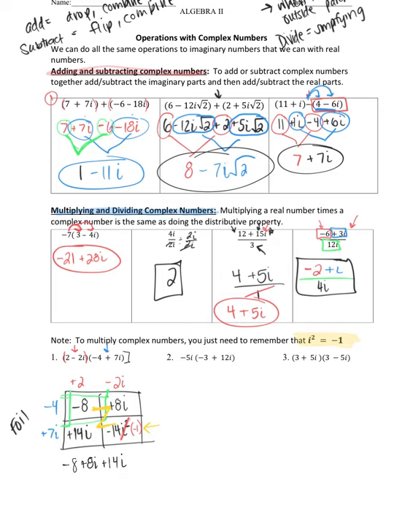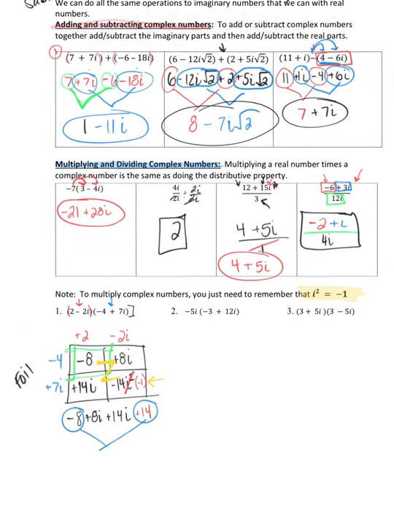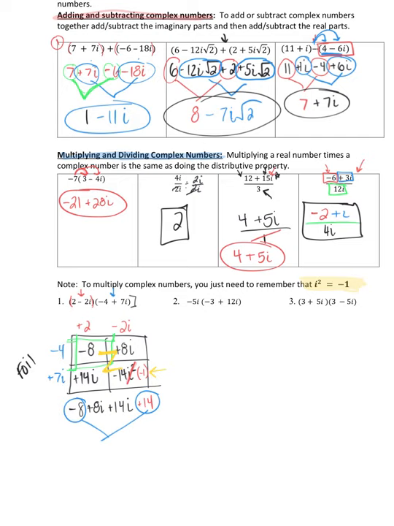And it became -1. So 14 times -1 becomes a +14. Okay? So that i squared turning into -1 is very important because it's going to change the signs. Okay? And then what you can do from there is just combine like terms. And -8 plus 14 would become 6. And then 14i plus 8i becomes 22i. And this is your final answer.